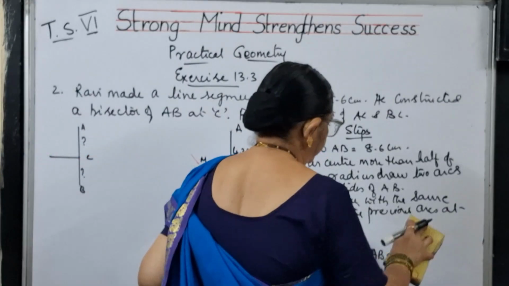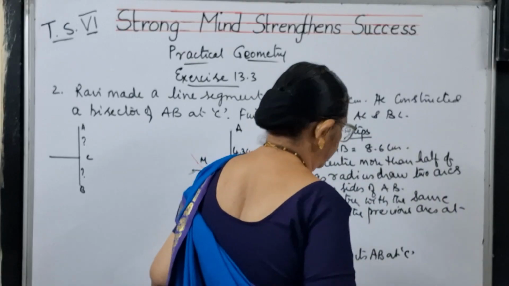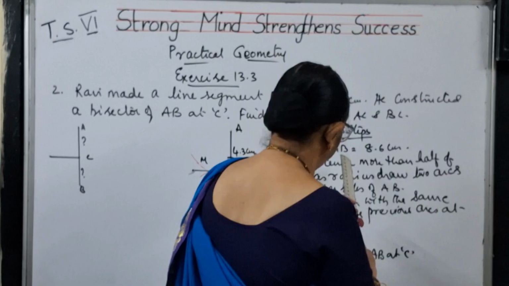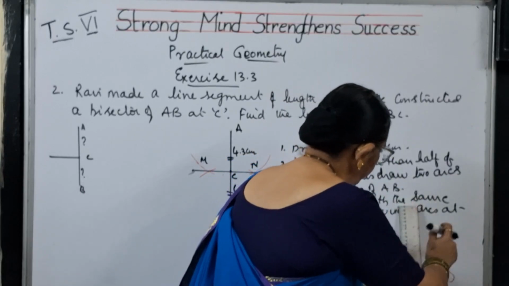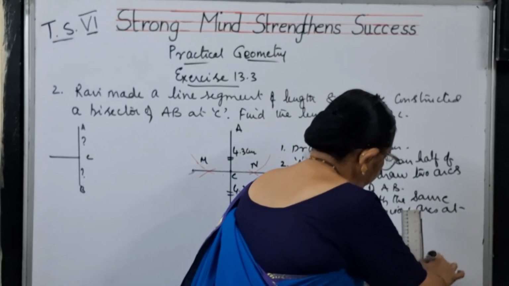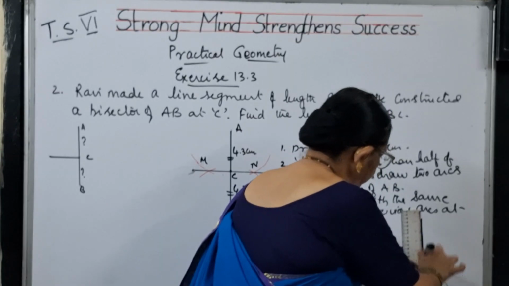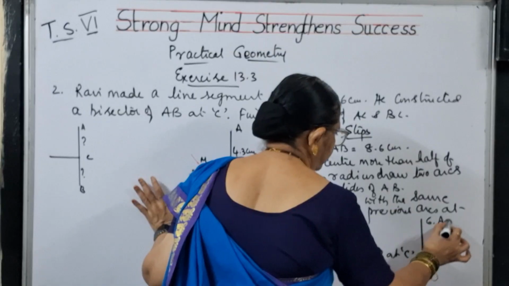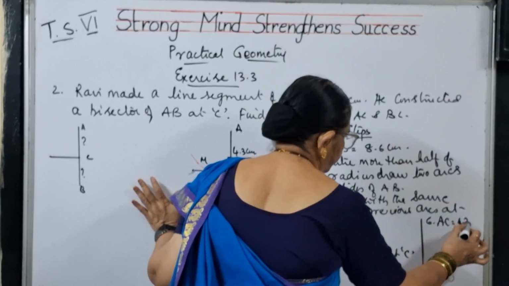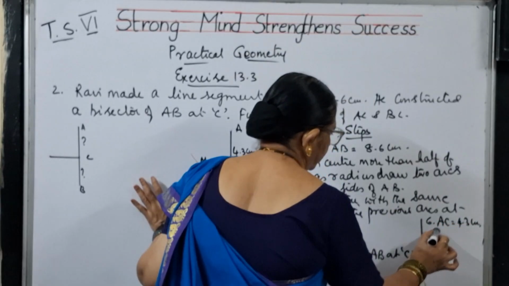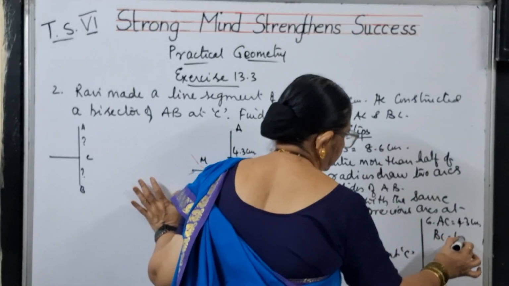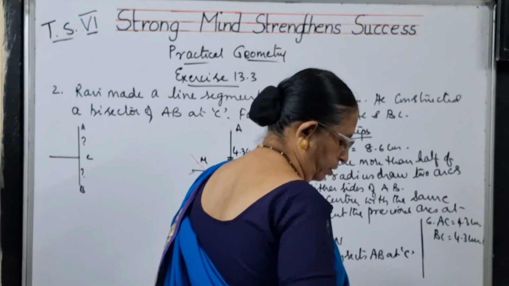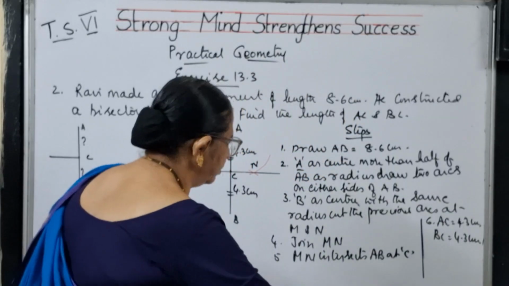What are the measures that they have asked? They are asking AC and BC. So the next point that you write here is the sixth point: AC is equal to 4.3 centimeters and BC is equal to 4.3 centimeters, because they are asking you to find the measure also.